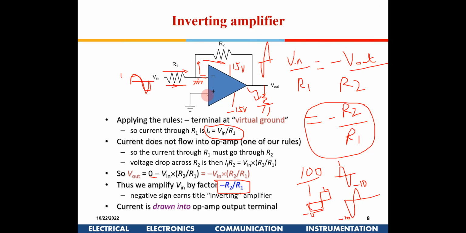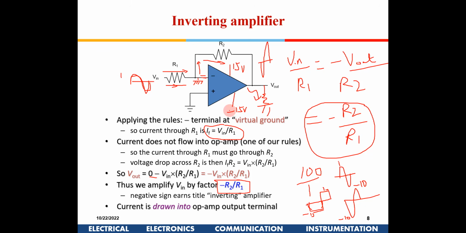Since on the positive side we are giving a ground, on the negative side also there is a virtual ground available. It is not a physical ground. It is because of the feedback and the amplifier gain, which will drive the currents in such a manner that this voltage will come close to 0. That is why we call it virtual ground.